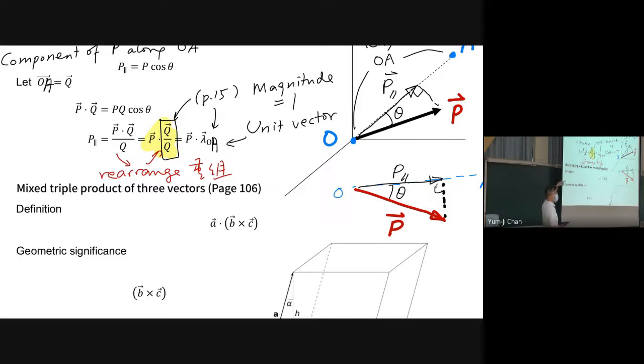There is some logic behind this. I will come back to this part towards the end of the lecture. Take your time to write this down, and I will go to the next page after you have copied this.